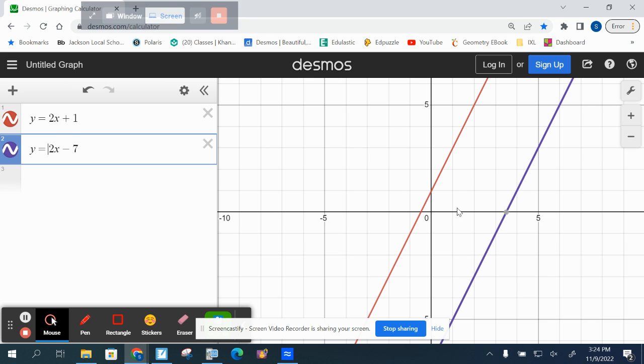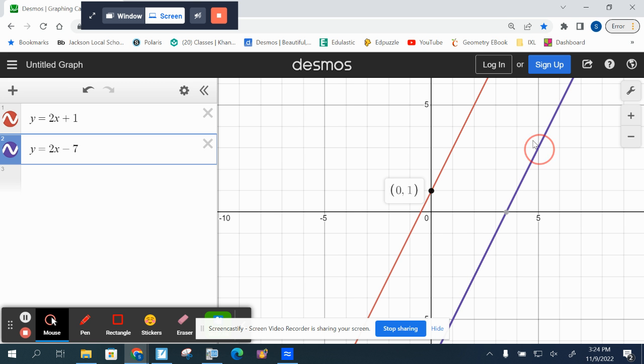Okay. So if I look vertically, it looks like it's being shifted. This is 5, this is negative 3. It looks like it's being shifted 8 units down. And then this is 3, that's 5, 8 units down. But actually, if I look horizontally, it's being shifted from the red line to the blue line. It's being shifted 4 units to the right.